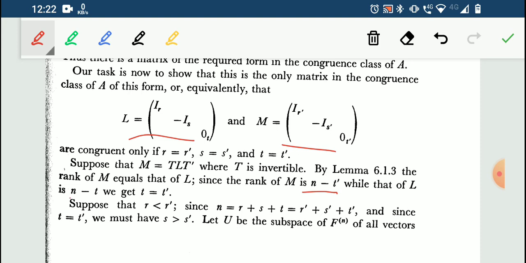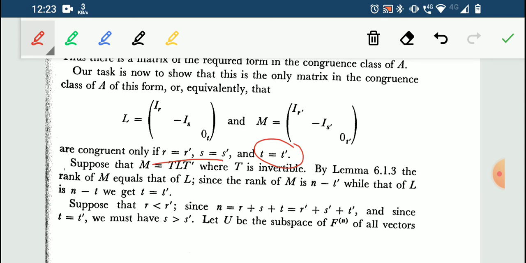N minus T dash should be equal to N minus T, because N minus T dash is the rank of M and N minus T is the rank of L. But N is the same, both dimensions N are the same, so N gets cancelled and I get T equal to T dash. So till now what we have proved is the number of zeros in both places is the same. So that is the first thing we did.